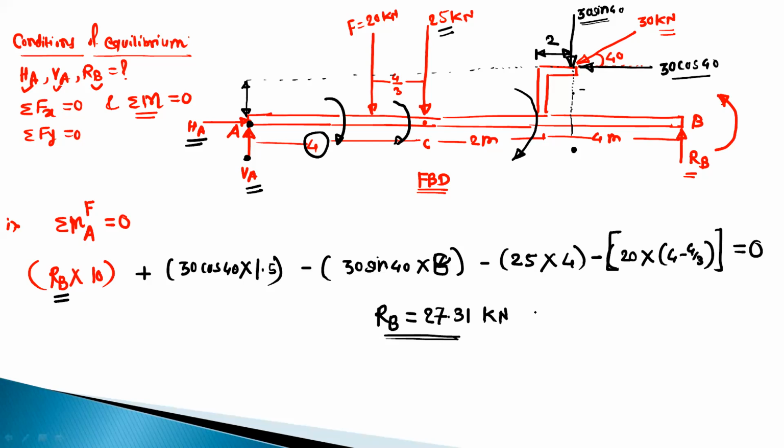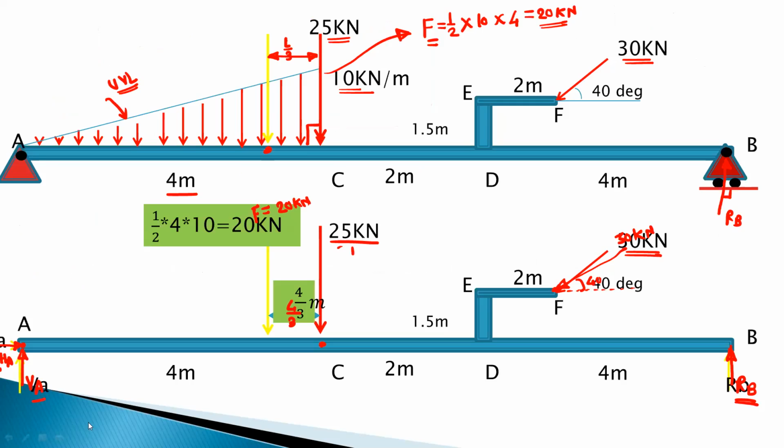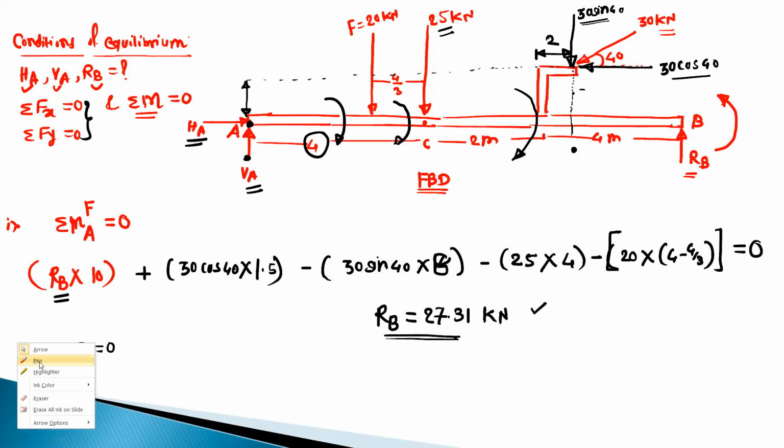So once we get reaction RB, then you can use the remaining two equations, summation Fx = 0 and summation Fy = 0. So first use summation Fx = 0. For summation Fx, consider the x components.